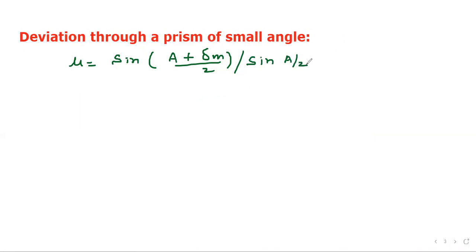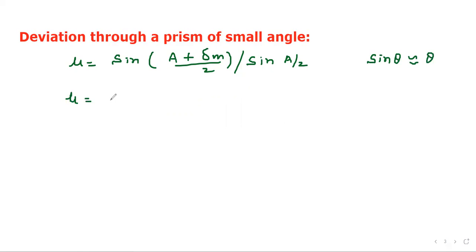Now, deviation through a prism of small angle. The relation that we have got is mu equals sine of A plus delta M divided by 2, divided by sine A by 2. If the angle is small, in that case, we can do some approximation. Sine theta can be written as theta.